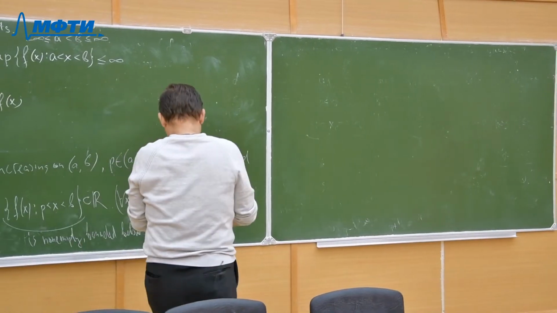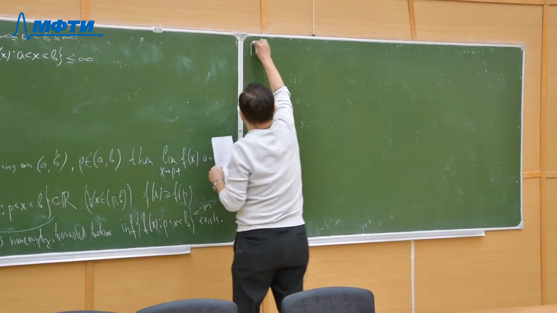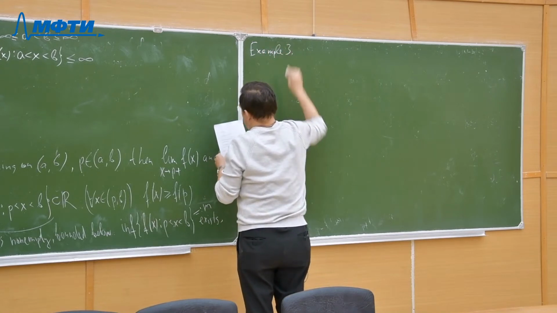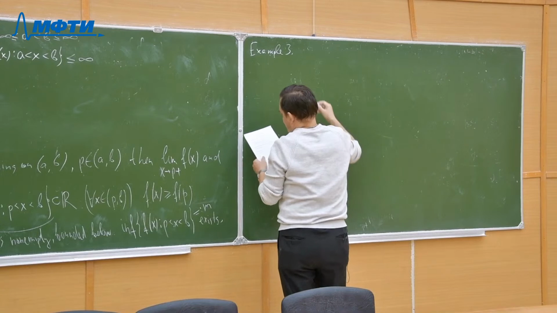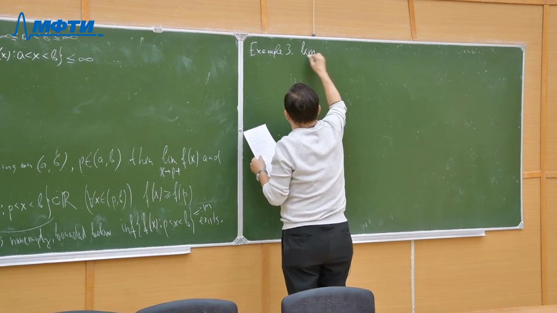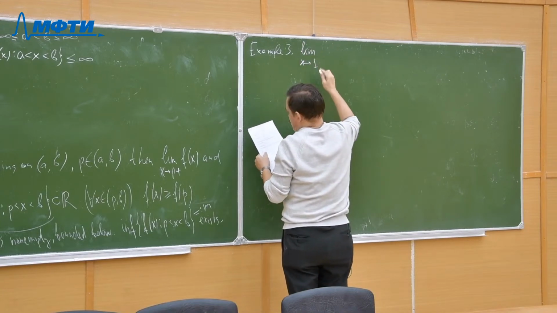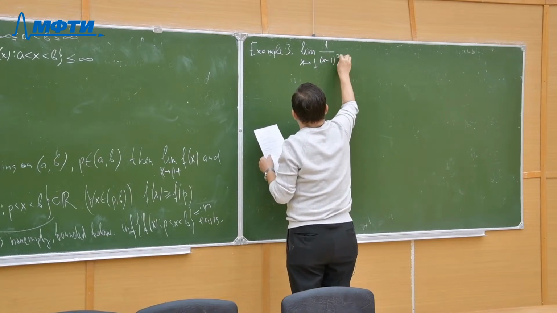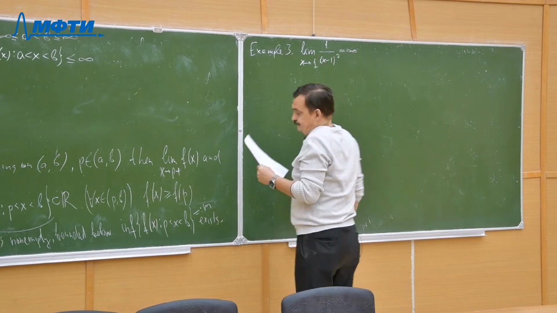Third example for today: the limit as x tends to 1 of 1 over (x minus 1) squared equals infinity.